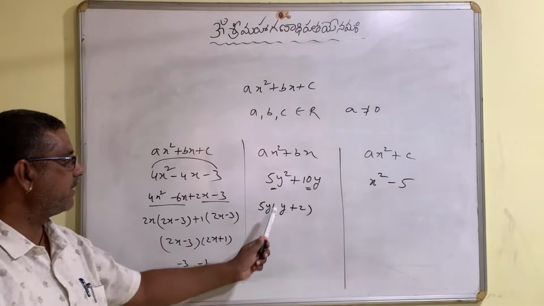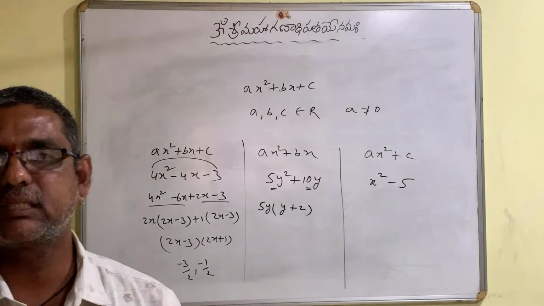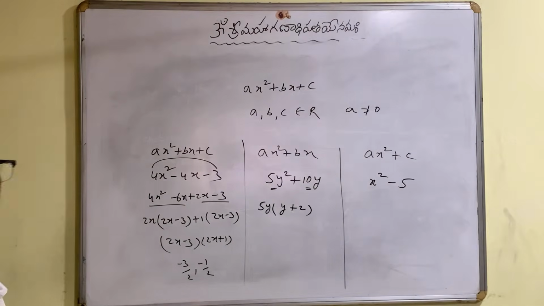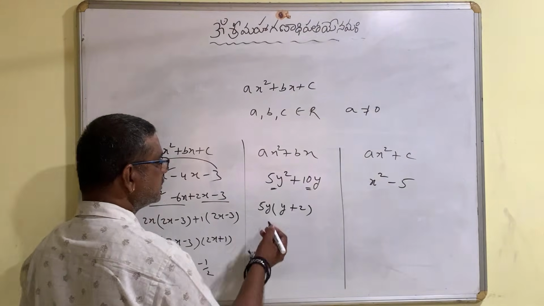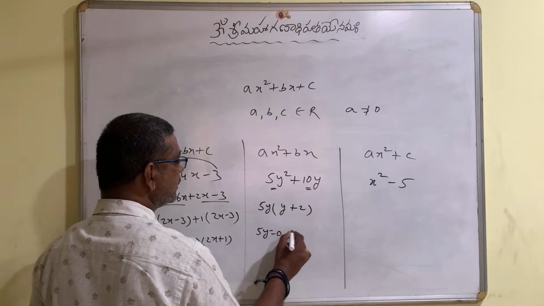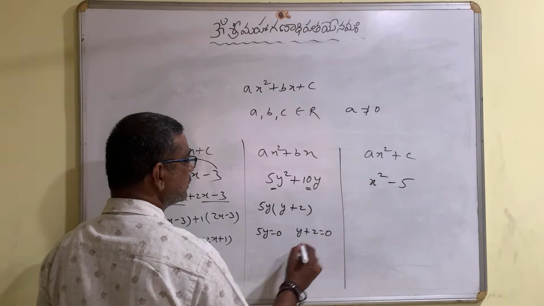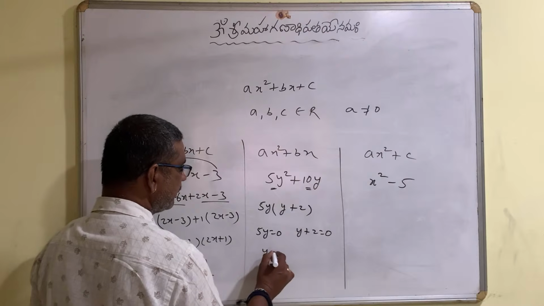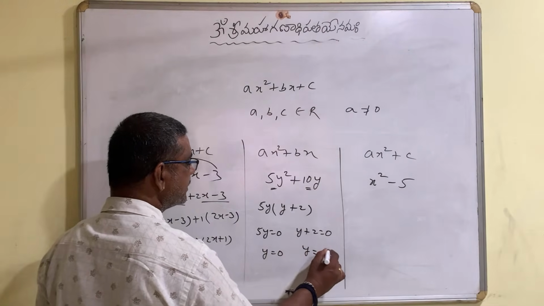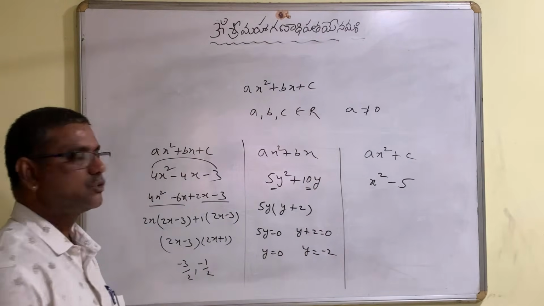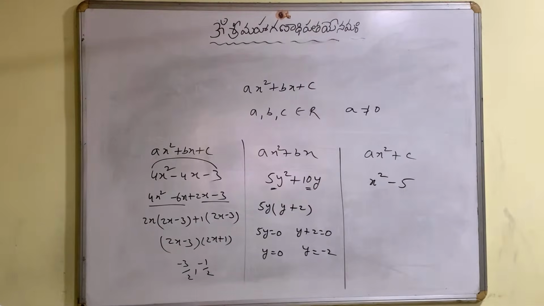Now the zeros are 5y is equal to 0 and y plus 2 is equal to 0. Then y is equal to 0, y is equal to minus 2. So the zeros are 0 comma minus 2. That is the second model.